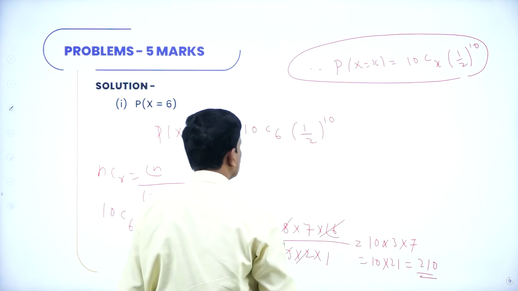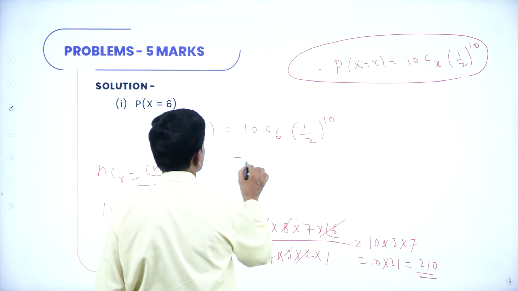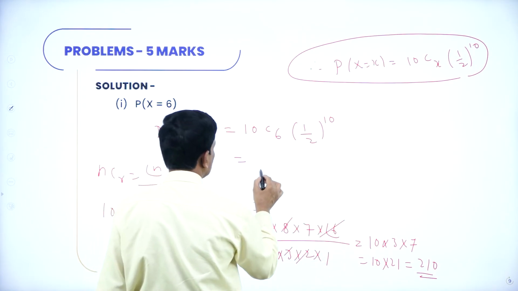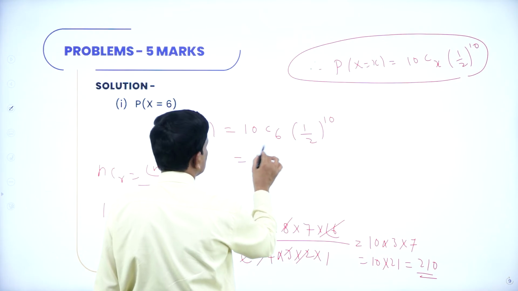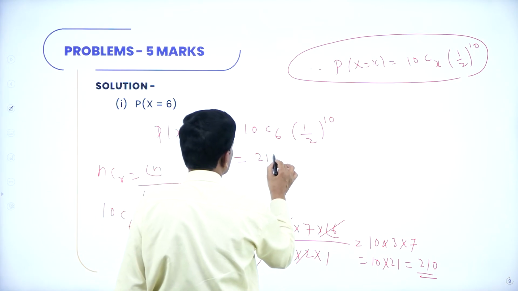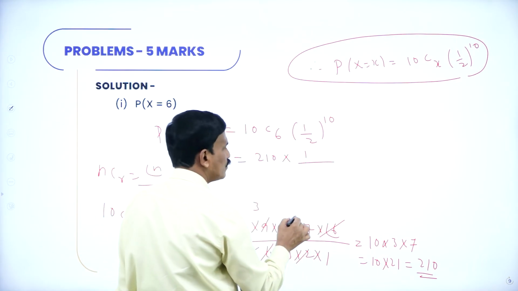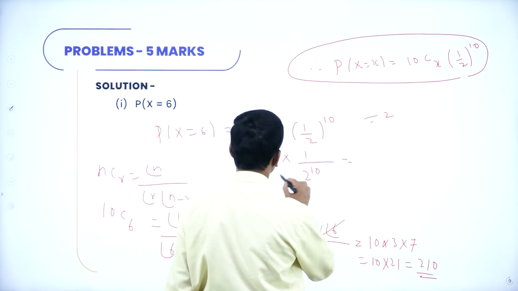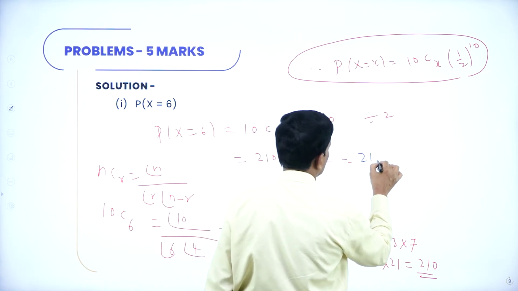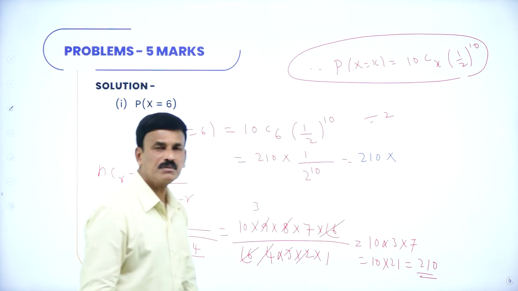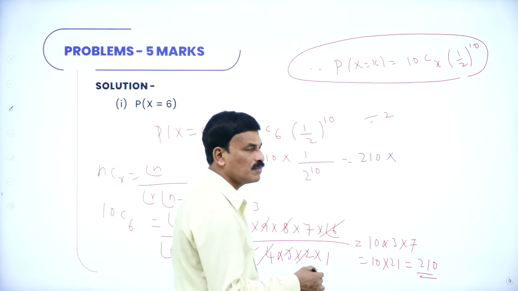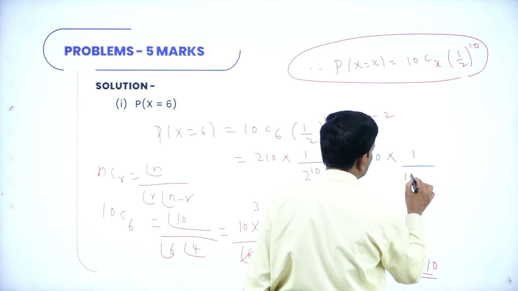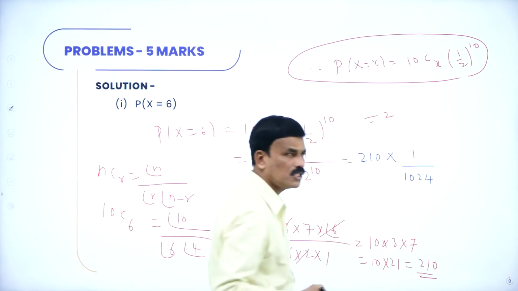So therefore P of x is equal to 10C6 into (1/2)^10, and 10C6 is equal to 210, so it is 210 into 1 divided by 2 to the power of 10. If we multiply 2 ten times, we are going to get 1 divided by 1024.